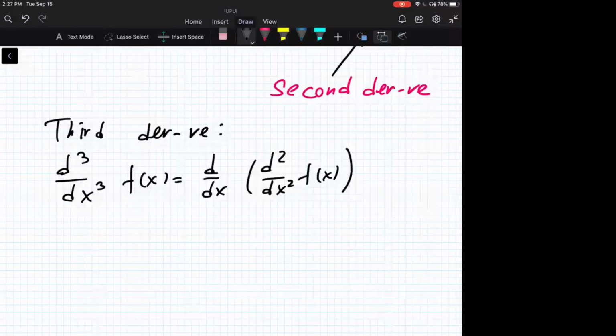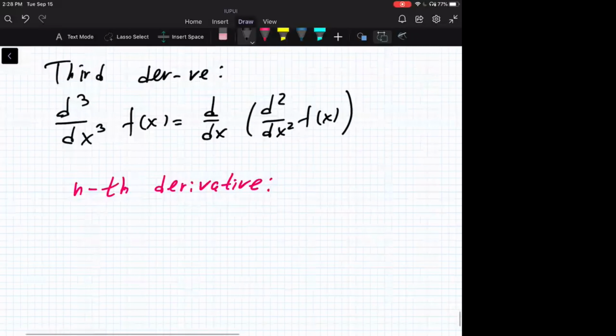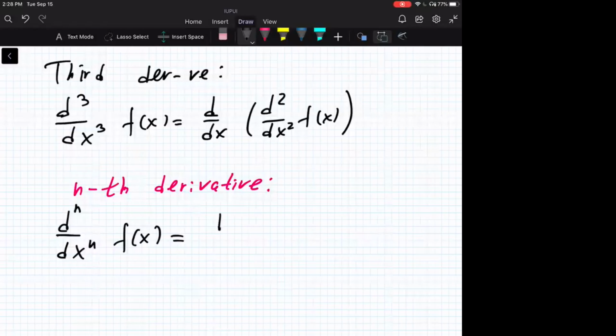So the nth derivative is defined by d to the power n over dx to the n of some function f of x, which is the derivative of the previous higher derivative.